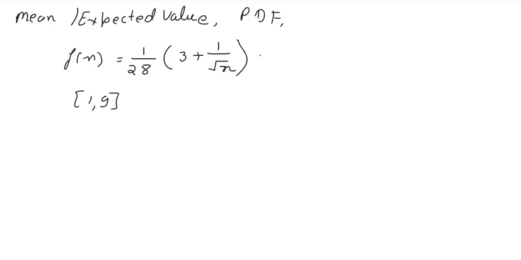So the expected value E(X) is given by E(X) = the integral from 1 to 9 of x times f(x) dx.